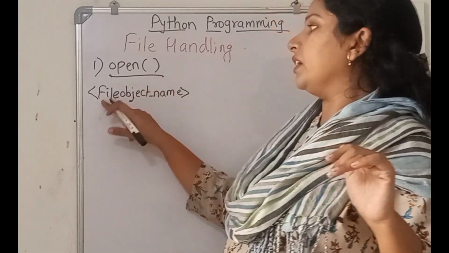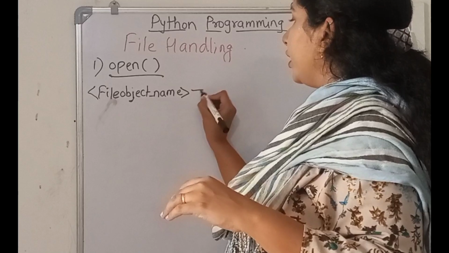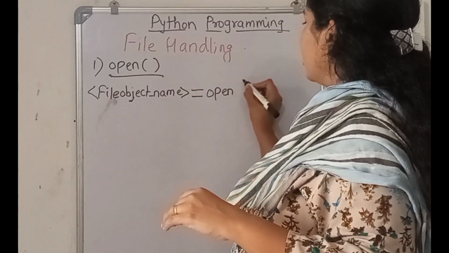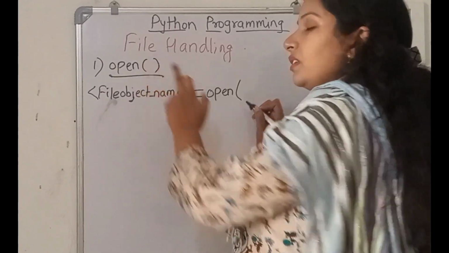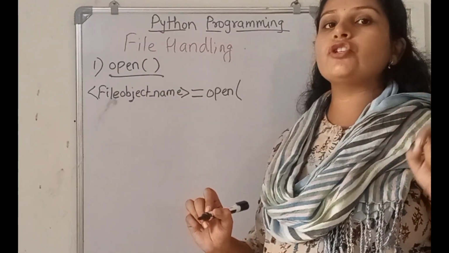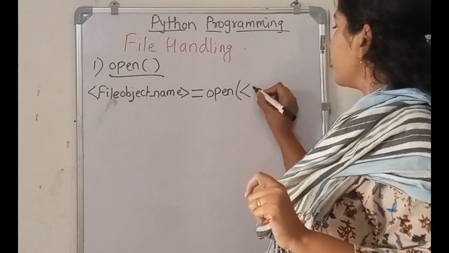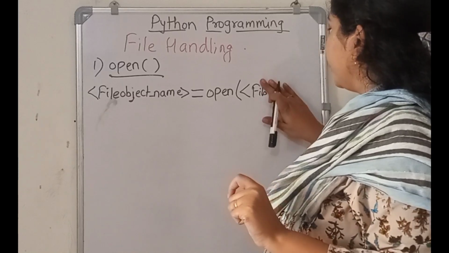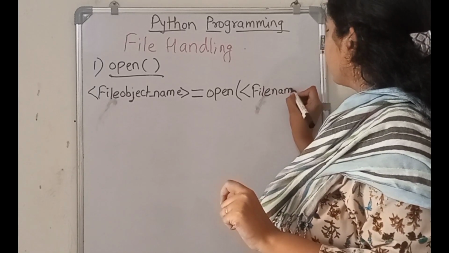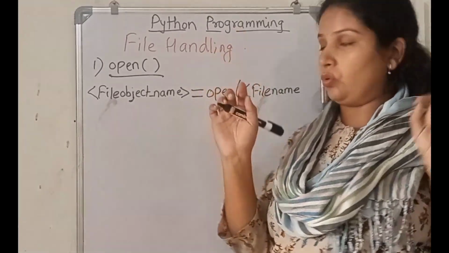So first create the file object name, any name except a keyword, equal to the open function, and within this parenthesis mention the file name which you need to open. This file name should be enclosed within single or double quote.